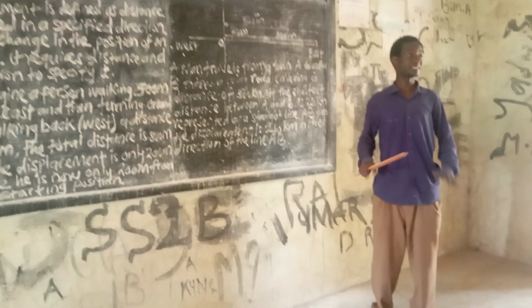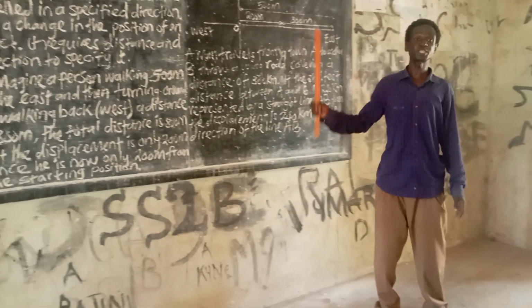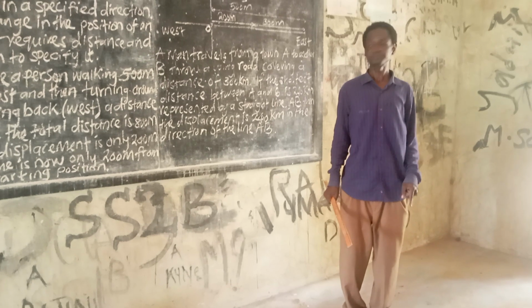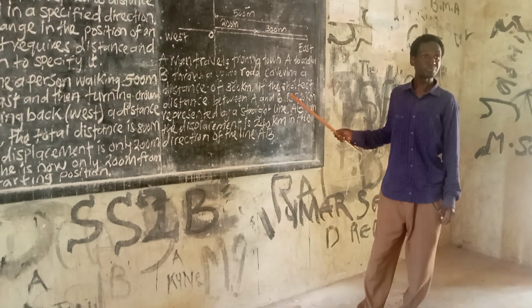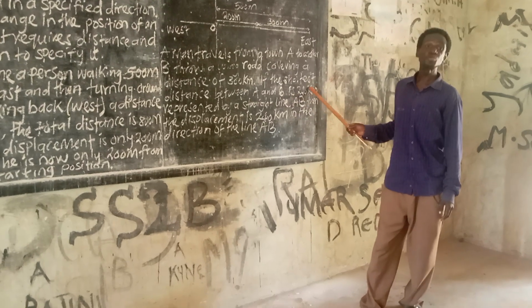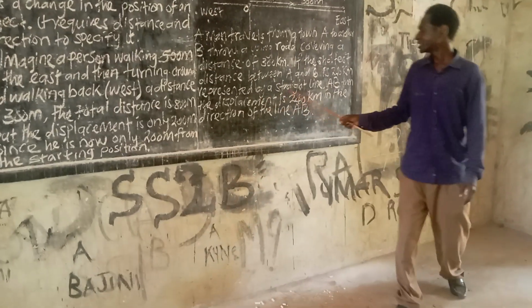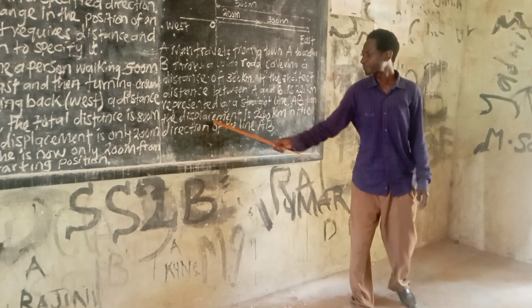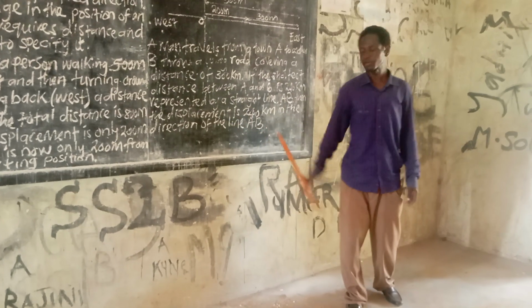If the shortest possible distance from the starting position of the man from town A to town B is 240 kilometers, represented by the straight line AB, then the displacement is now 240 kilometers in the direction of the line AB.